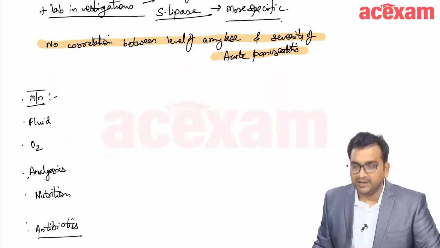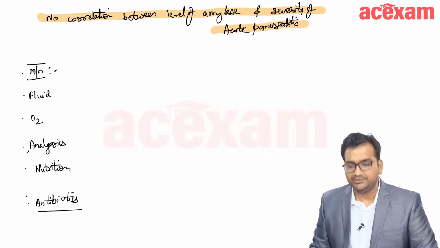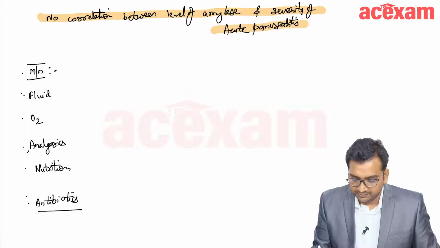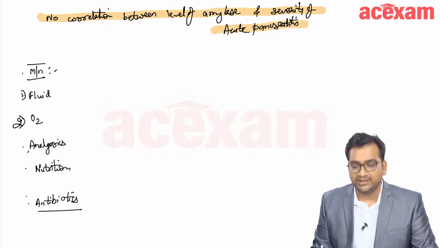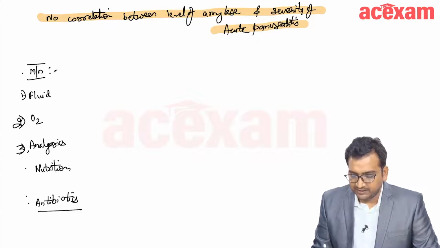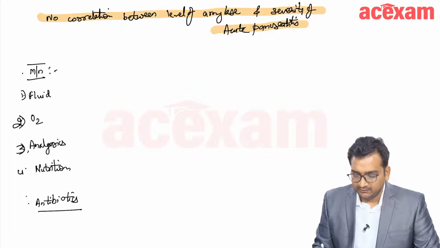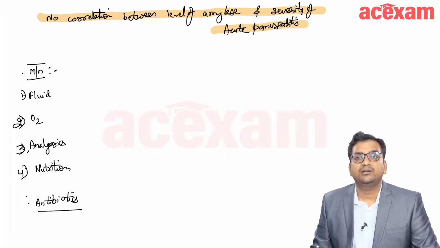Now, how are we going to manage? So we are going to manage the patient on certain lines. Okay, we'll first give the IV fluids. Along with that, we'll start oxygen and oxygenate the patient. We'll give painkillers or analgesics because the patient is in severe pain. Then we'll have to establish the nutrition.